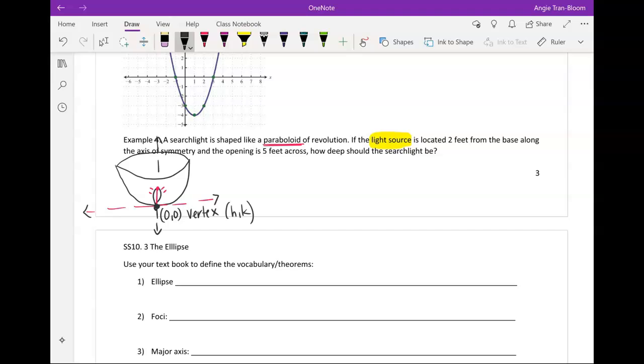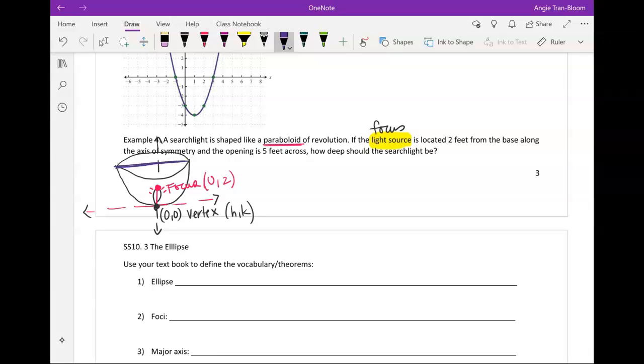Now the word light source, this is where the focus is. They gave it to us. The focus is right now at 0, 2. The reason I know 0, 2 is because this is a parabola opening upward. And then they even went further and said the opening is 5 feet across.